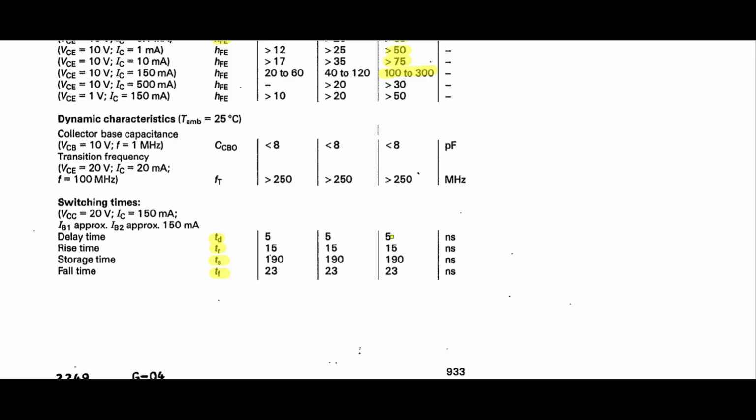And for the 2222, delay time 5 nanoseconds and rise time is 15 nanoseconds. This is for turn on. Turn off, there is a storage time. You see, storage time is pretty large, 190 nanoseconds. So it takes quite an effort to remove the stored base charges. And the fall time of 23 nanoseconds.